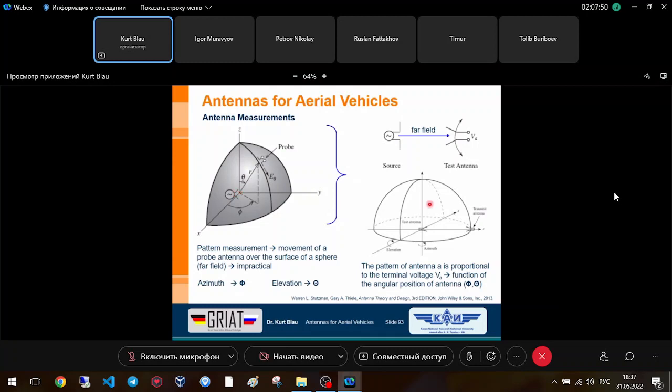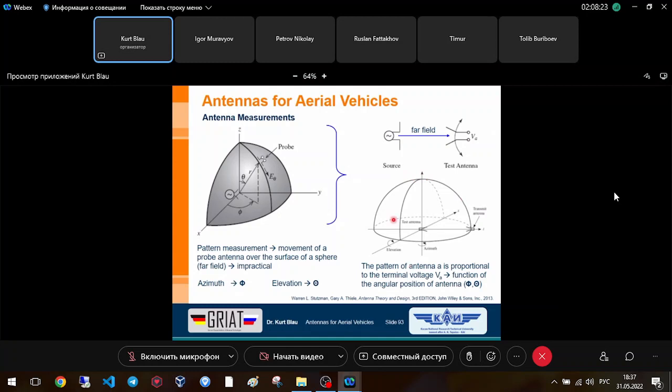Okay, here it's shown, let's say, the exchanged coordinate system. The pattern of the antenna is proportional to the terminal voltage, it's clear. The terminal voltage means in this case a received voltage. It's a function of the angular position of the antenna, and so we can make a record over all angles, over the theta angle and over the phi angle.